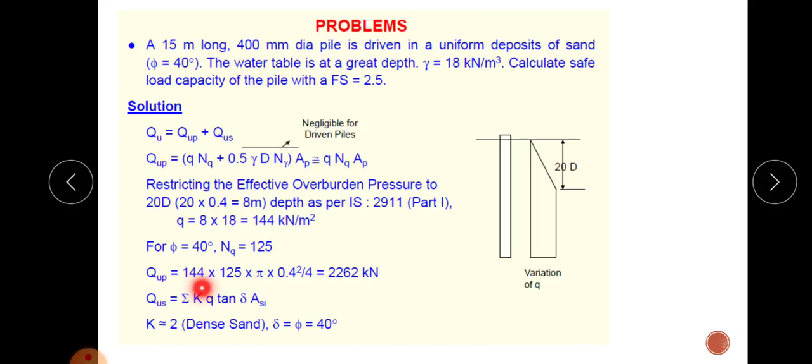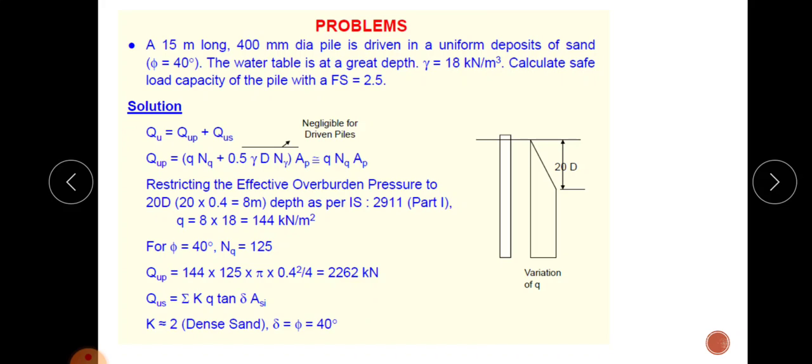This 144 into NQ, for phi equal to 40, NQ is 125. In a university exam the values will be given, or otherwise a table will be provided. So 125 into AP. AP is equal to pi D square by 4. That gives this value, 2262 kilonewton.